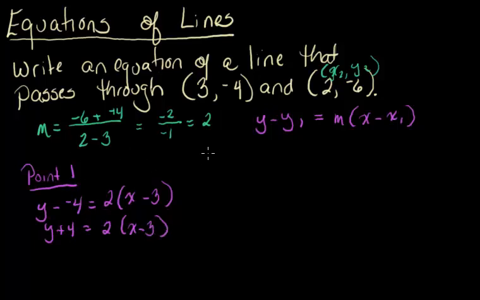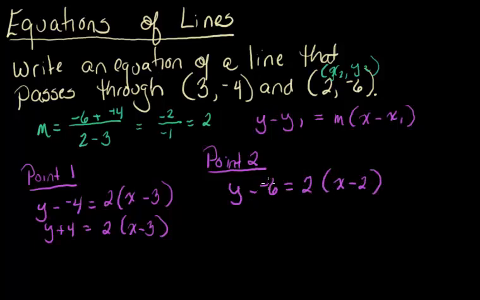And then for point 2, same thing. I'm going to say y minus -6 equals 2 times the quantity of x minus 2, and when I simplify, this is going to be y plus 6 equals 2 times the quantity of x minus 2.